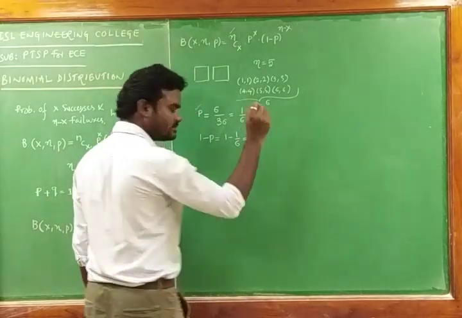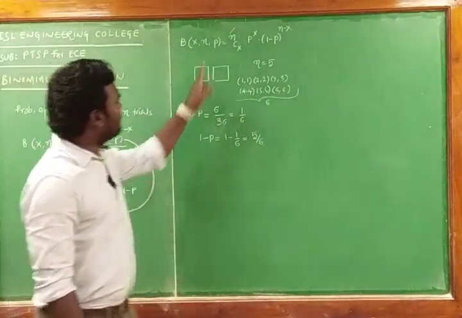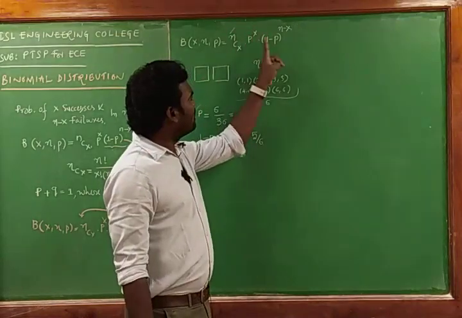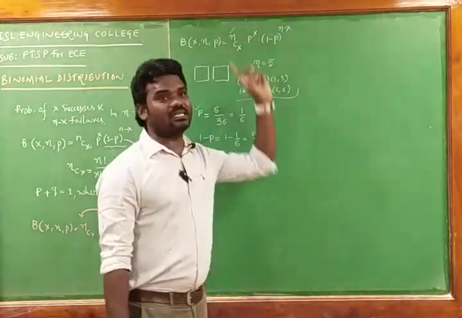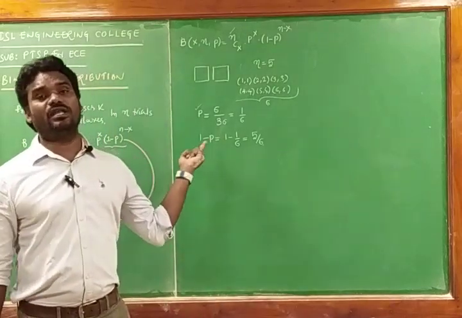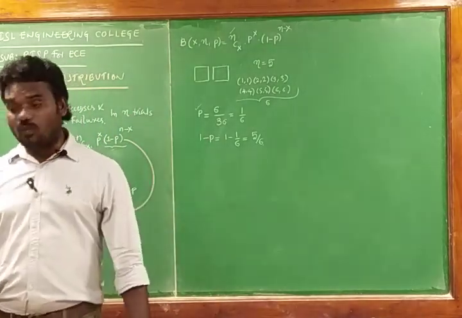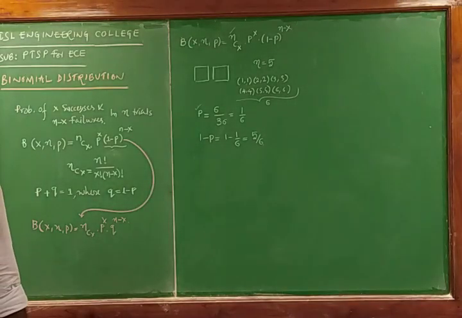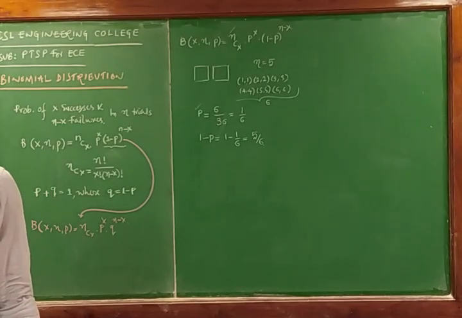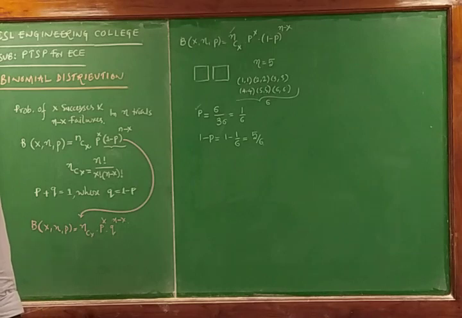We have N and P, and 1 minus P, and we now require X. If you know X, then you can simplify this. So what is X now? We should go through the question again. Two dice are thrown 5 times. If getting a doublet is a success, find the probability of getting the success at least one.